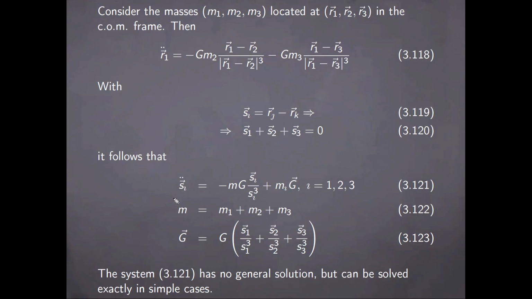Now, the system we have obtained here has no general solution that is of any kind of practical importance in real-world applications, but it can be solved exactly in simple cases.